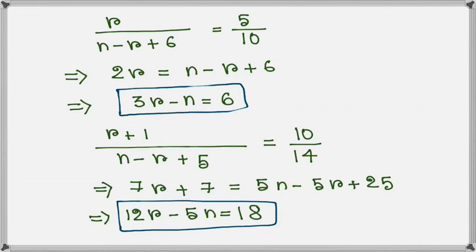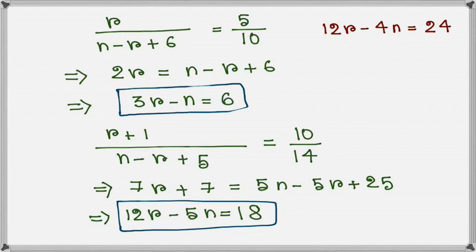Now from these two we can find out the value of n. So we have 3r minus n is equal to 6. If we multiply this equation by 4, then we get 12r minus 4n is equal to 24.